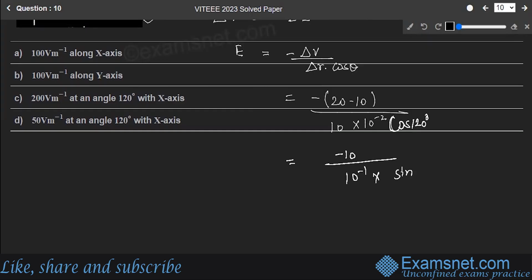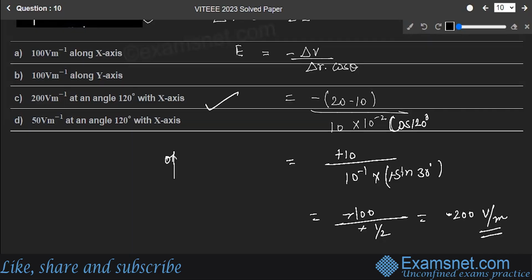Cos 120 is equal to minus sine 30 degree, which is 1 by 2. So this is minus and minus, this will cancel. This is 200 volt per meter. This is the answer to the question, 200 volt per meter and an angle of 120 degree with the x-axis. Option C is the right answer.